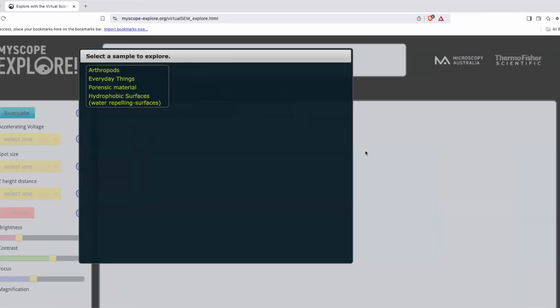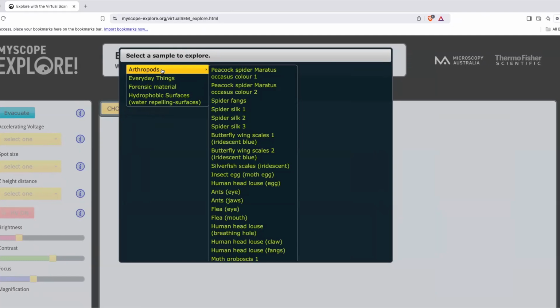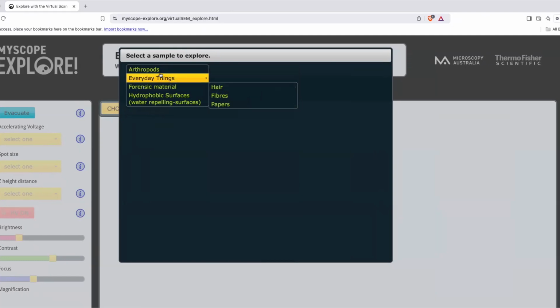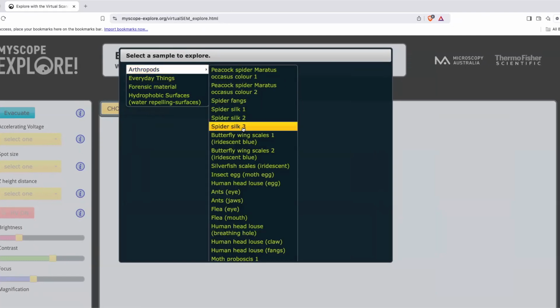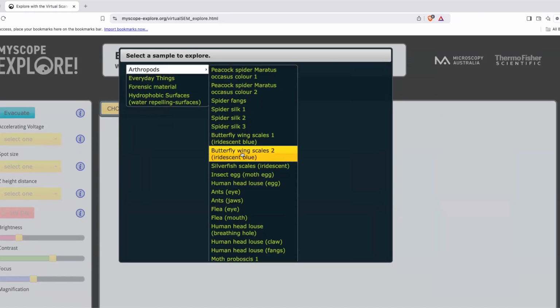Yes. Now you can see here, this is a virtual scanning electron microscope. Here come the instructions as we go on. The first says let us select a sample. There are many things that you can think of, but we can select maybe some butterfly wing because it's very beautiful.